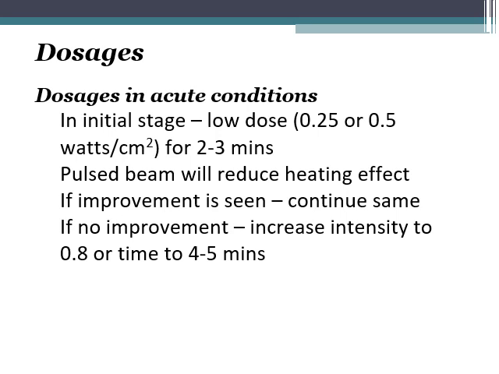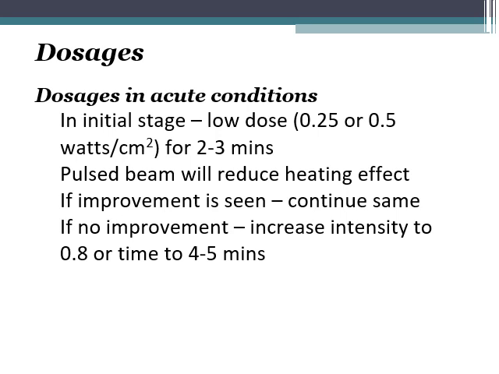And also you can see whether the area of the condition is superficial or deep. Suppose the area is deep, then you can start with 1 megahertz, and if the area is superficial, then you can start with 3 megahertz, right? And if improvement is seen, then you continue with the low dose, means 0.25 or 0.5 watt per centimeter square intensity for 2 to 3 minutes.